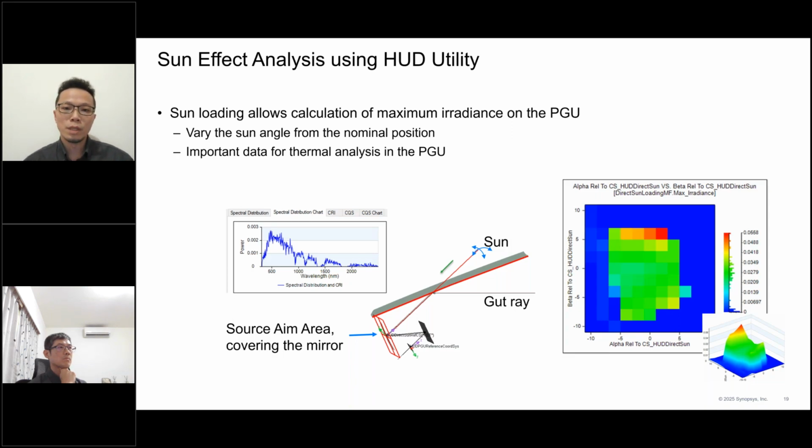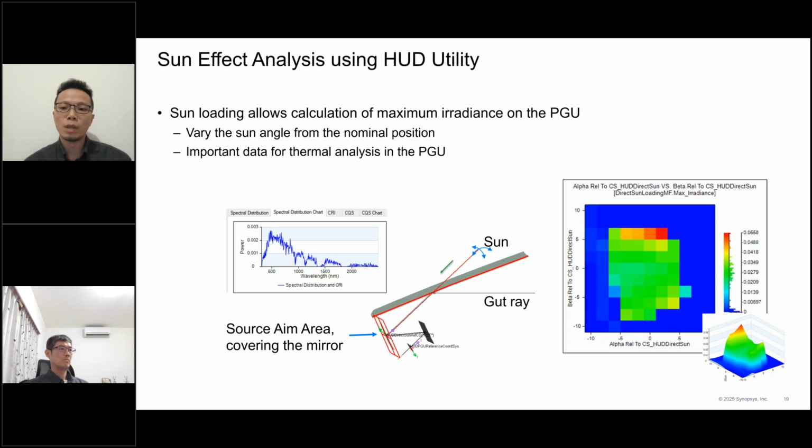And this HUD utility can help you to rotate the sun angle to different positions. The sun will include its spectral distribution, and when the sun rotates to different positions, it will emit a ray and try to go into your system, including the windshield, reflectors, and finally hit the PGU. So we collect the light on the PGU to see its maximum irradiance data, just like the slide's picture showed.